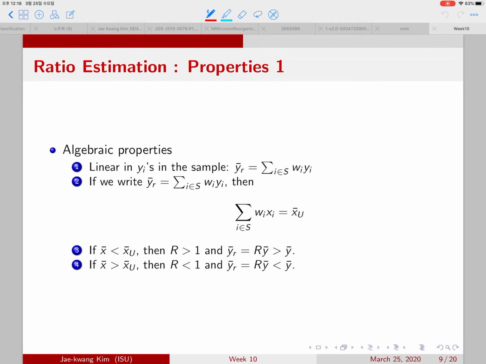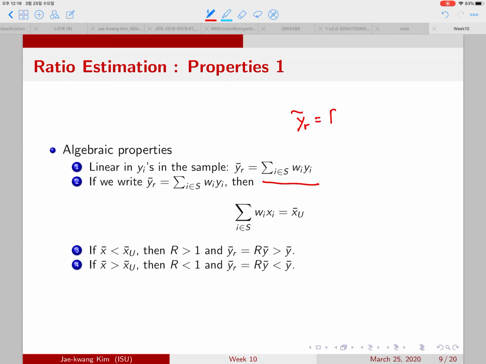Now, let's study the main properties of the ratio estimator. The first part is an algebraic property which has nothing to do with statistics. It's just a purely mathematical property. The first property is that the ratio estimator is a weighted mean of the sample observations. It's a weighted combination of the sample observations. Why?